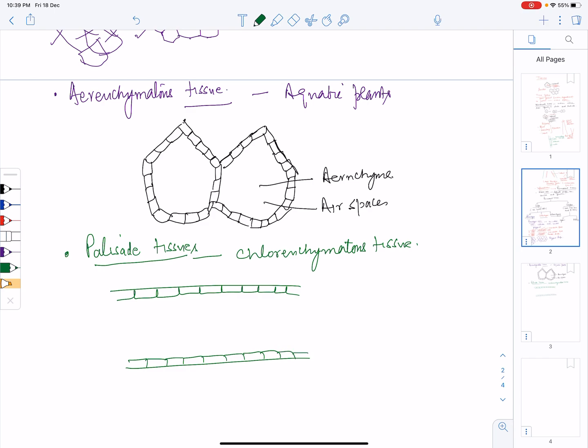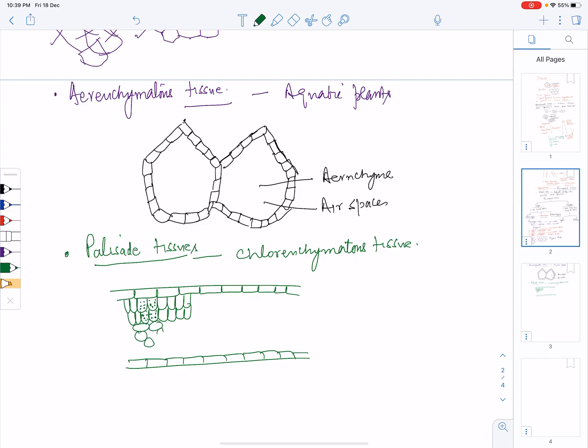Now in between here, this is the palisade tissue, which are elongated structures, and these cells are rich in chloroplasts. Now these dots represent the chloroplast. And then this is spongy tissue.